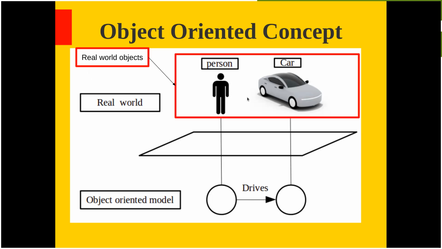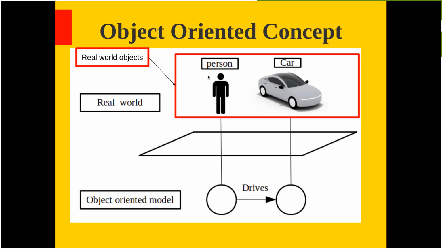Here the objects we call tangible and intangible. Here there are two objects, person and car. Intangible objects such as courses, those things are intangible.